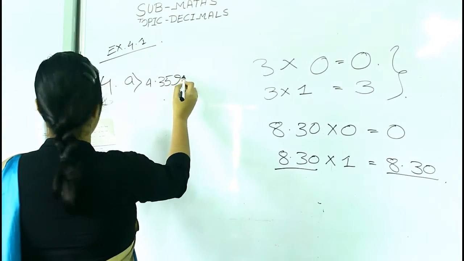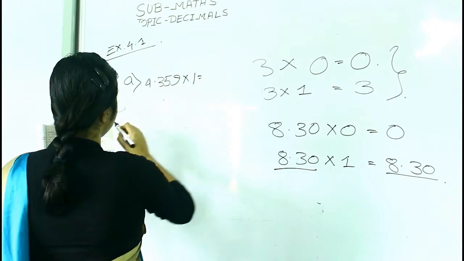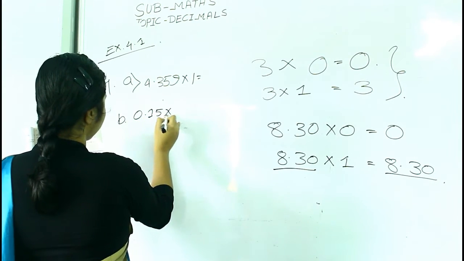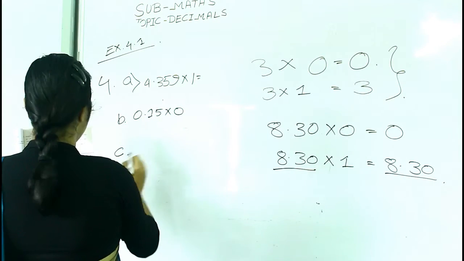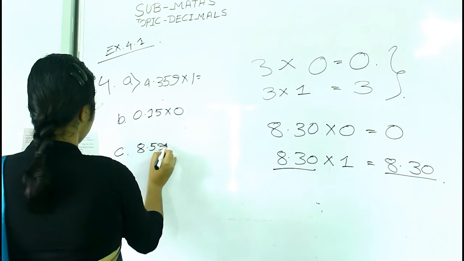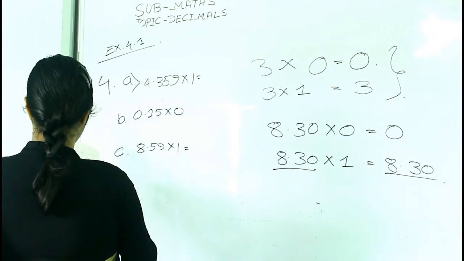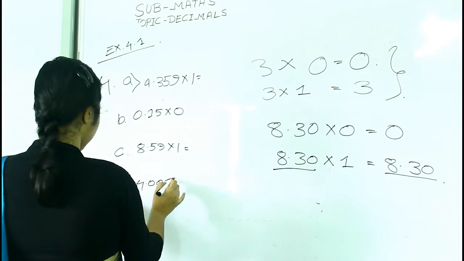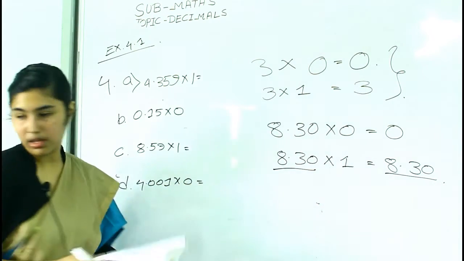4.359 into 1. Next, 0.15 into 0. Next, 8.59 into 1. And 4.001 into 0.